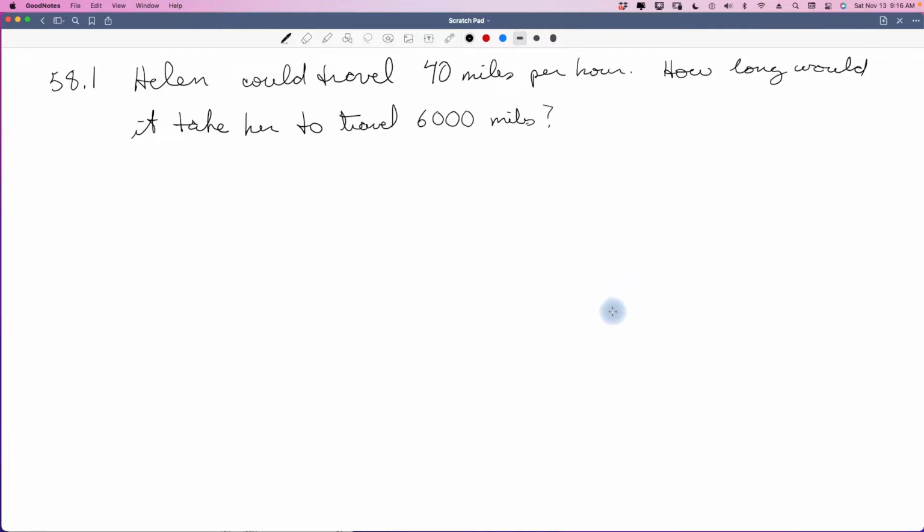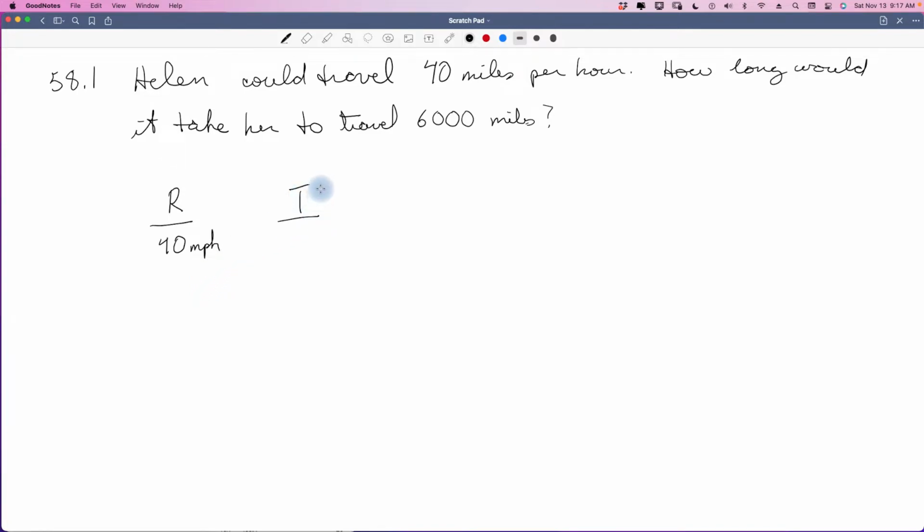How can we figure that out? Oh my goodness. So first we have to figure out a rate of travel. So we know she can go 40 miles in an hour, right? So Helen's rate is 40 miles per hour.